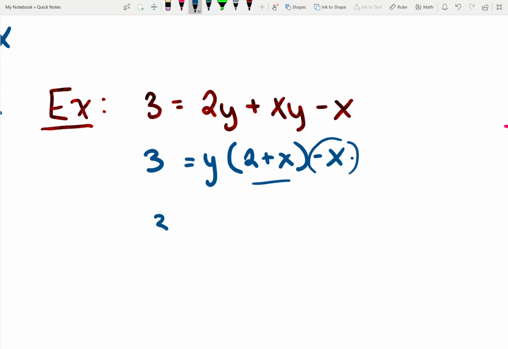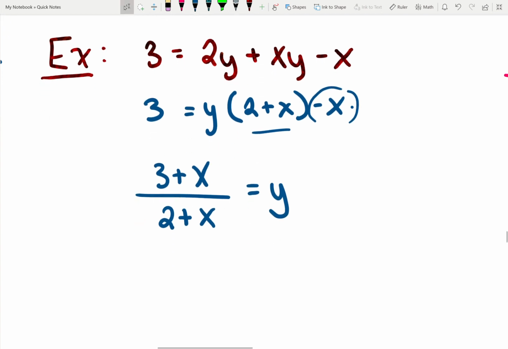So I'll have 3 plus x divided by 2 plus x equals y. And there we go. Again, we have now gone from an implicit form to an explicit form by just doing some algebra, okay? And maybe we'll have to change our domain, right?